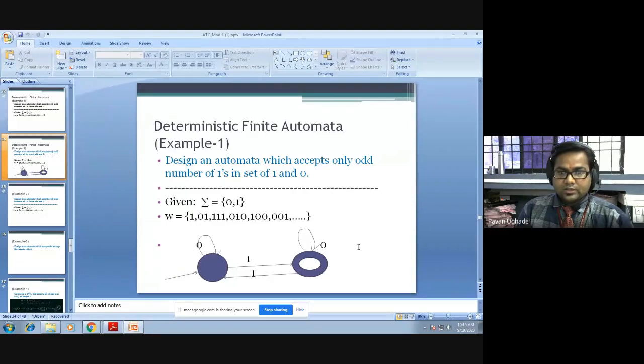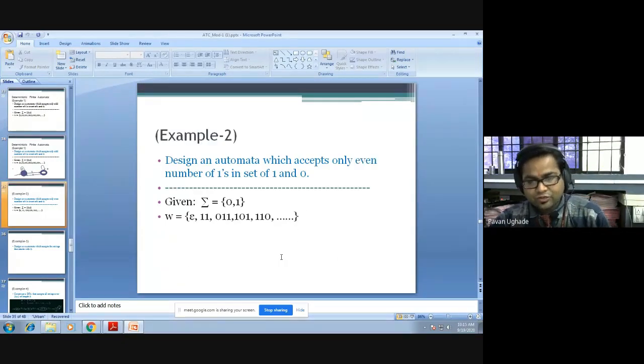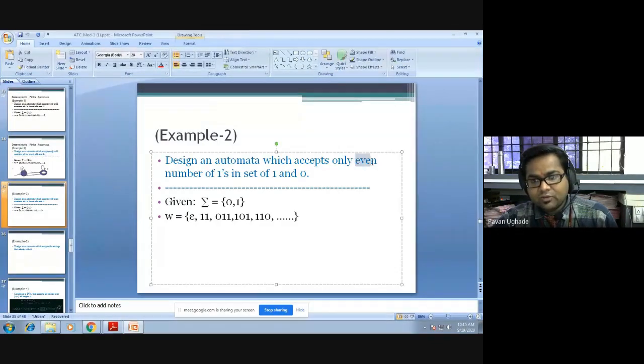Design an automata which accepts only an odd number of ones. So this is the answer for an odd number of ones in a set of 1 and 0. And the second question which I have asked is the even number of ones. That was odd number of ones. Here, even number of ones.